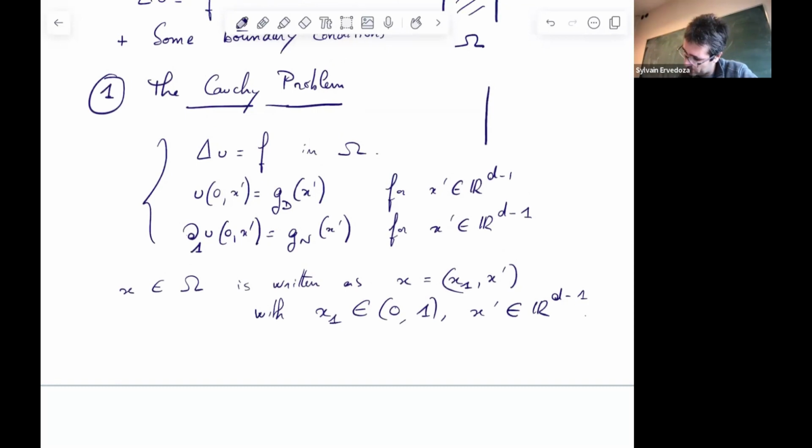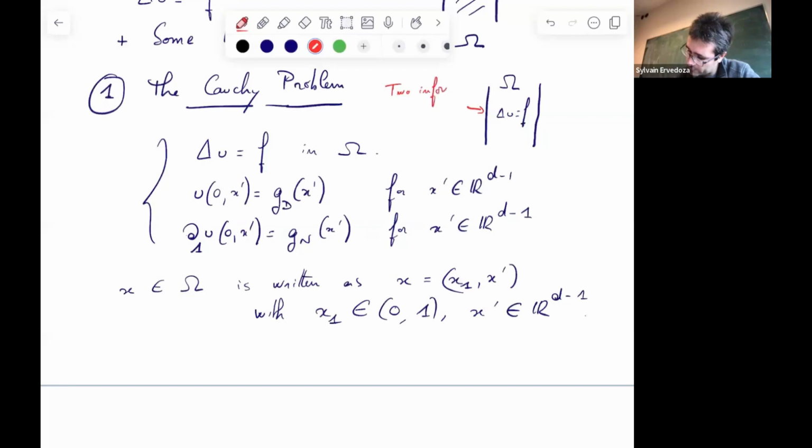I have my vertical strip, omega, and inside I have Laplacian u equal to f, and on this boundary I have two pieces of information: the Dirichlet plus Neumann boundary conditions.